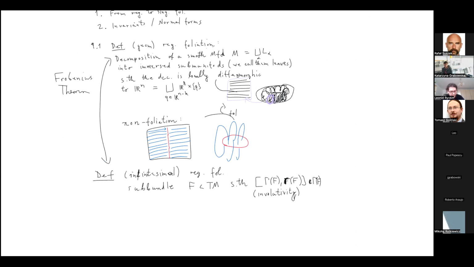So the Frobenius theorem, will not prove it, but we maybe should say how the correspondence worked. So to get from the geometric decomposition into the infinitesimal one, we just take the tangent spaces of the leaves and their disjoint union.